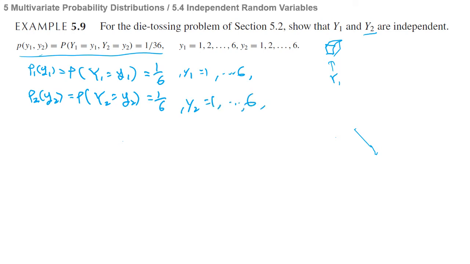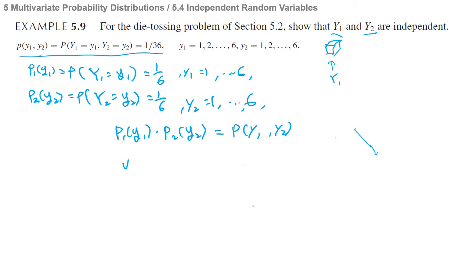So what we want to do is show that Y1 and Y2 are independent. In the previous theorem, if p1(y1) times p2(y2) is p(y1, y2), then the random variables Y1 and Y2 are independent. And actually this is true.